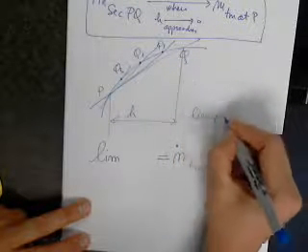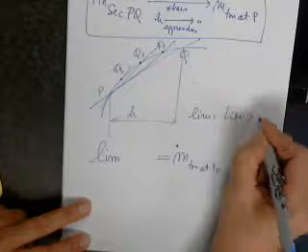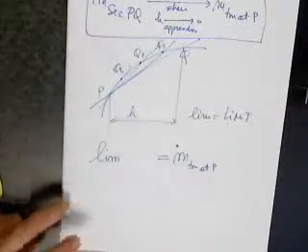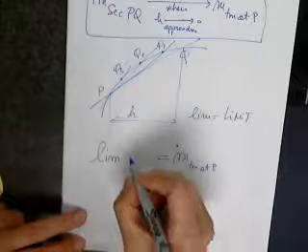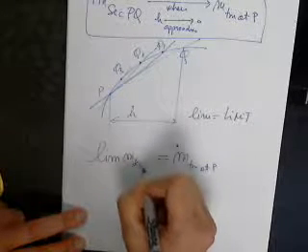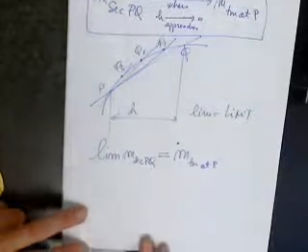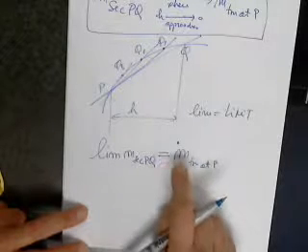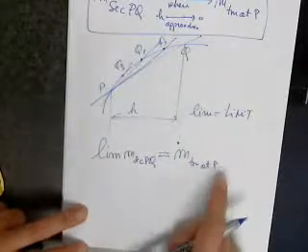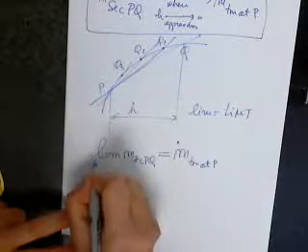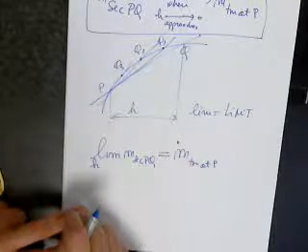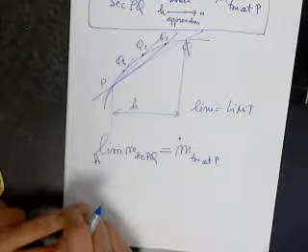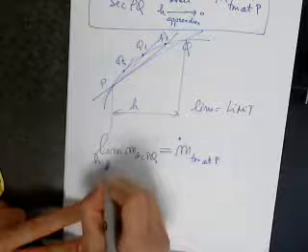LIM stands for limit. The limit of the slope of the secant line PQ will equal the slope of the tangent at P when h does what? Does not equal to, but approaches 0.